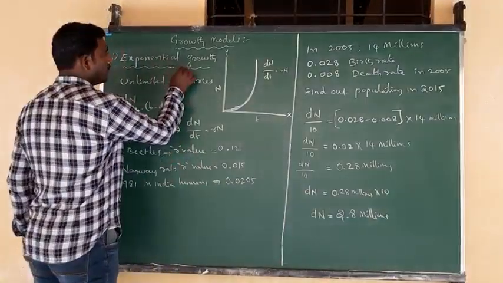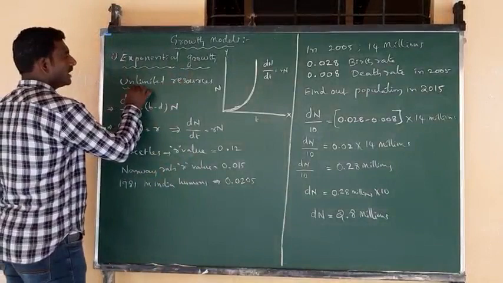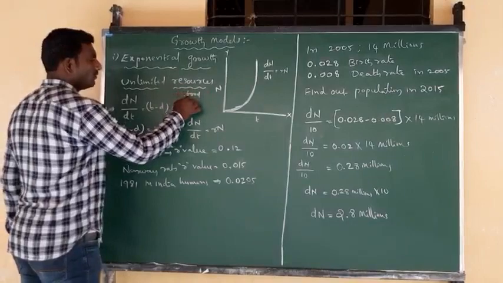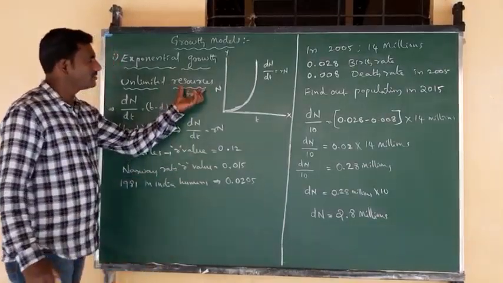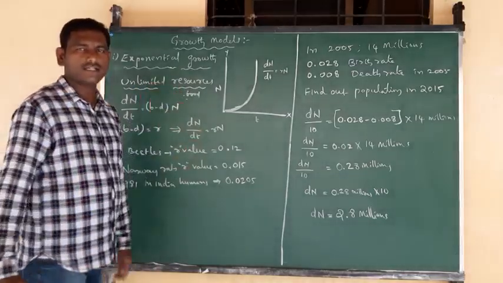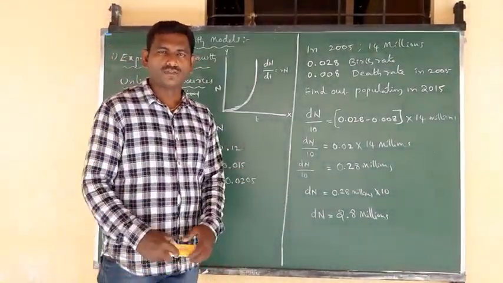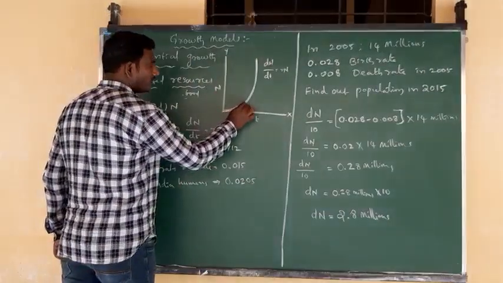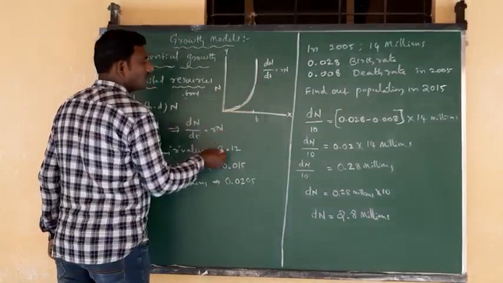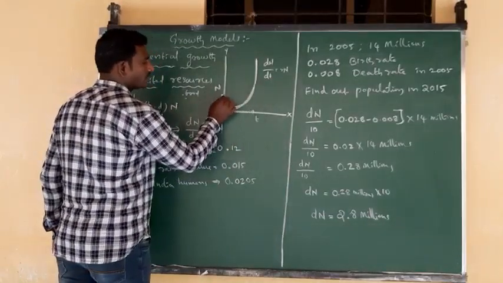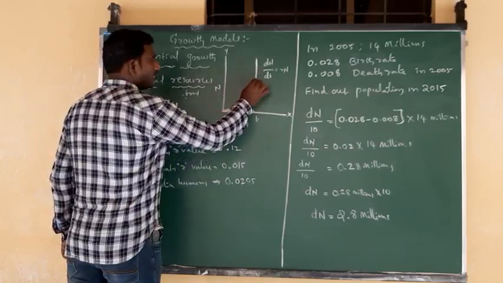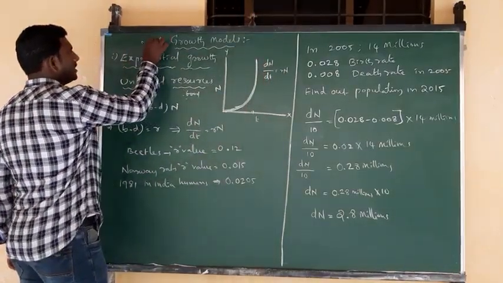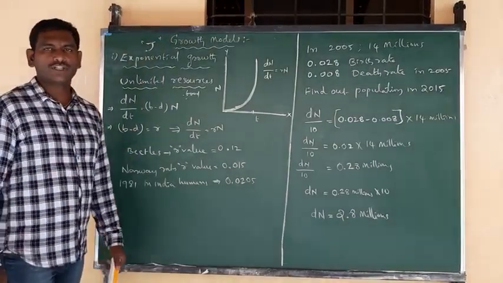The definition of exponential growth: when resources are unlimited, and we already know resources may be food, availability of sunlight, water, etc. If such resources are abundant within the habitat, the organisms grow within a short period of time, and the population density grows. Finally that growth model appears like a J shape. So J-shaped growth models are commonly known as exponential growth.